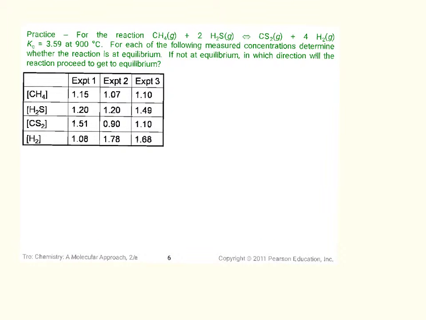Let us do this practice. We have results of 3 experiments, experiment 1, 2, and 3, and the results in terms of concentrations are represented in this table. We are required to figure out for each of the following measured concentrations whether the reaction is at equilibrium.